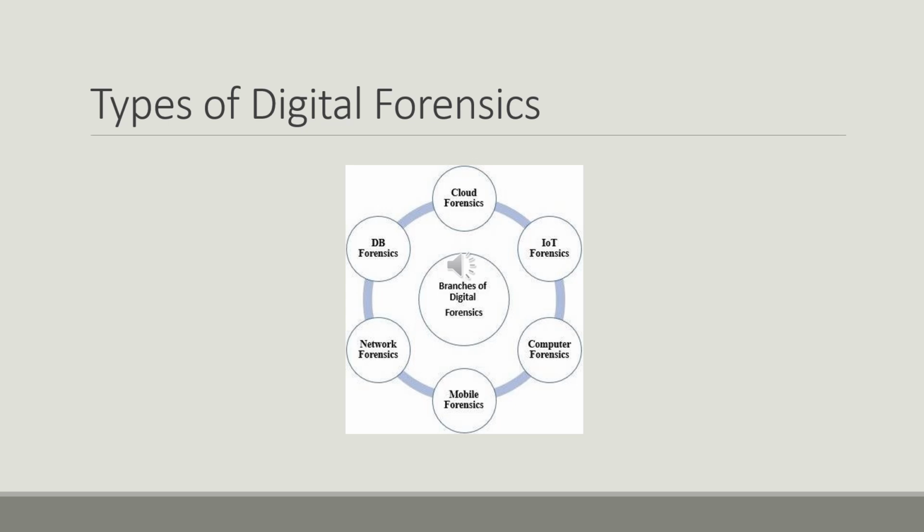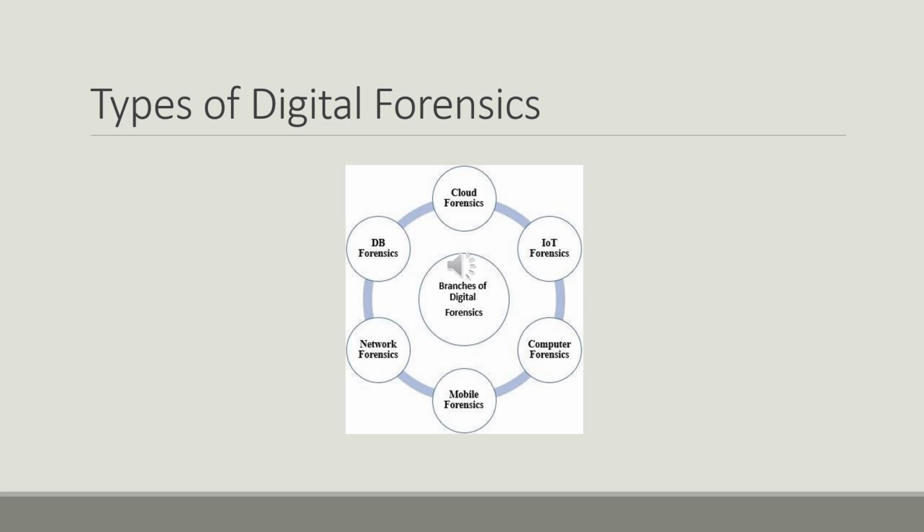This graphic I found online defines them as IoT forensics, cloud forensics, database forensics, network forensics, mobile forensics, and computer forensics. They are different due to their focus. Some, such as cloud, deal with cloud systems, while IoT, or Internet of Things forensics, focuses on internet devices, as the name suggests.